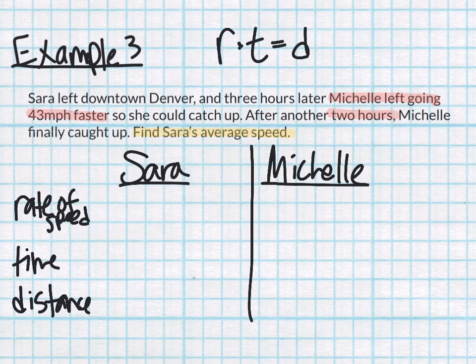So we're still thinking about rate times time equals distance. So rate of speed. Sarah's, we don't know, and we want to know how fast she's going because it says find Sarah's average speed. So this is the part we don't know.